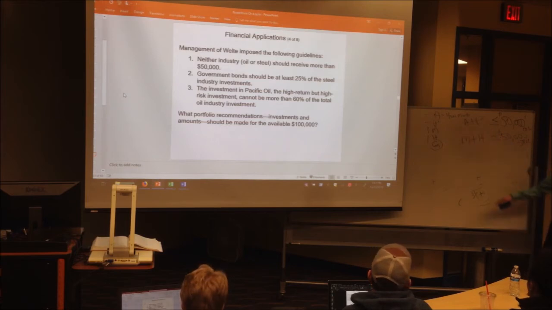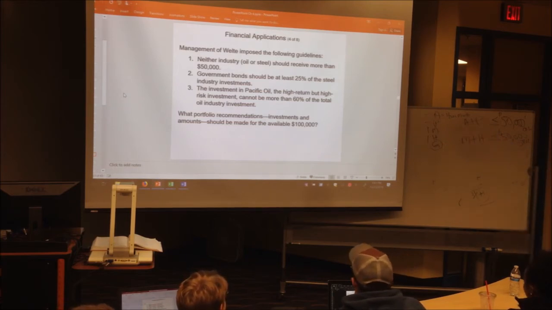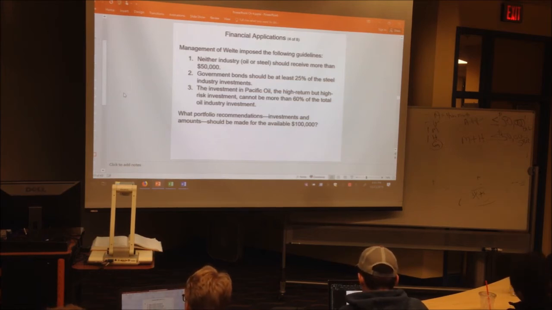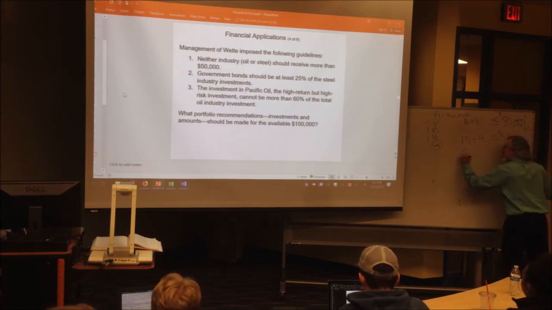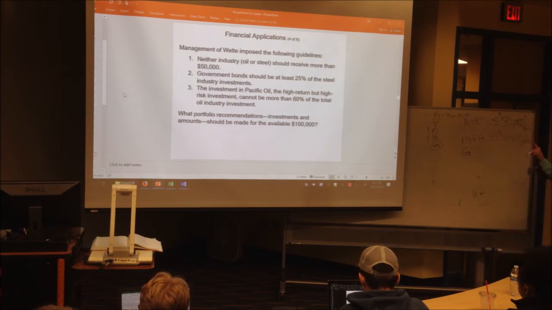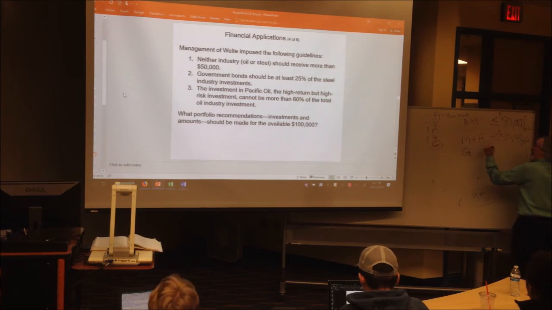Here's oil, here's steel. It says government bonds should be at least 25% of the steel industry investments. We're going to write this just like it's worded, and then we'll use algebra. Let me start on the left side here. Government bonds should be at least, so is that less than or equal, or greater than or equal?